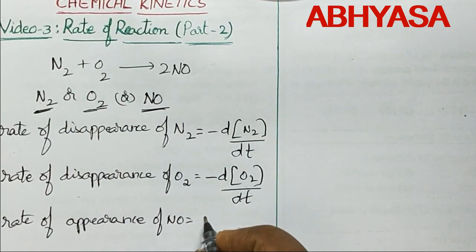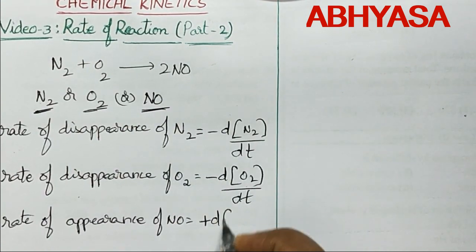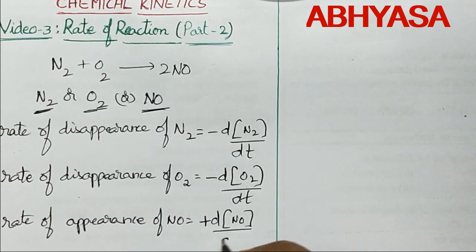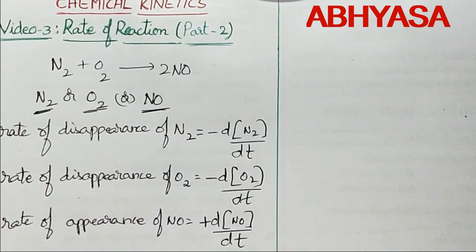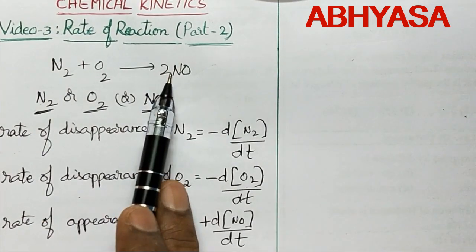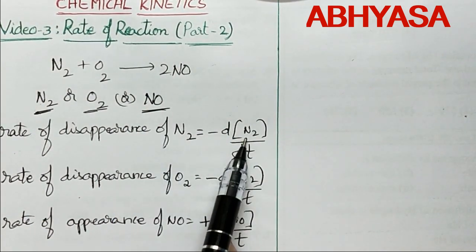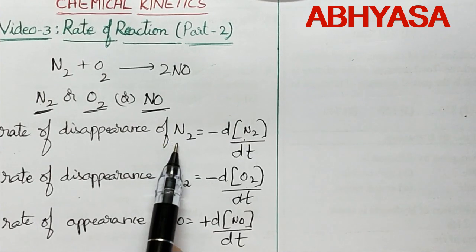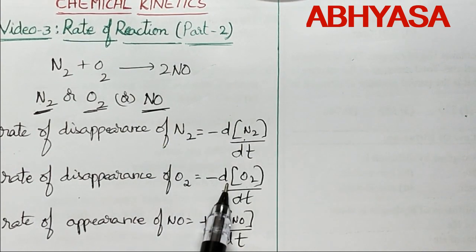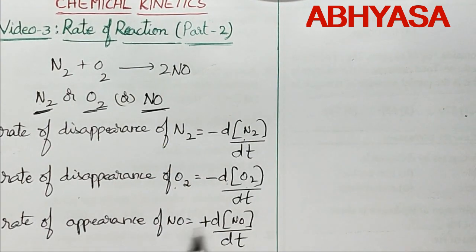As nitric oxide is a product, I will write a positive sign, plus dNO by dt. So this is how we write the rate expression for this reaction: this one in terms of nitrogen, this in terms of oxygen, and this in terms of nitric oxide.